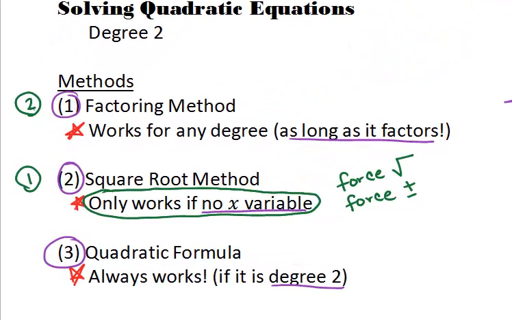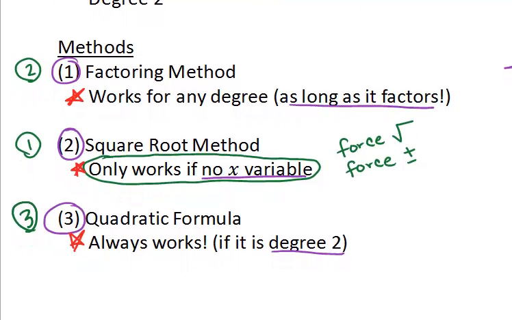Now, if neither the square root method nor the factoring method works, then I go to my last option, which is the quadratic formula. The reason that I like to keep the quadratic formula as my last option is because, hopefully you saw in the last few videos, that it is a very lengthy formula. It takes us quite a few steps to get from start to finish.